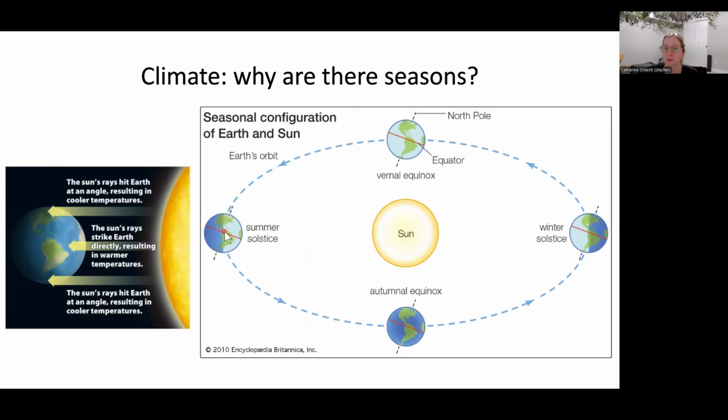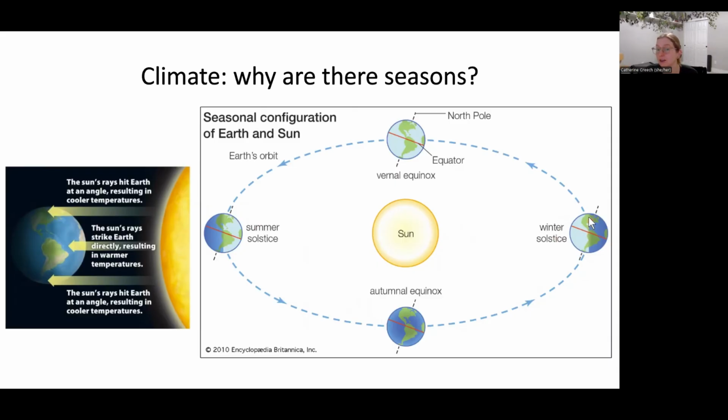So here we have summer in the northern hemisphere because our tilt has more of the northern hemisphere pointed toward the sun. And then as our Earth rotates around the sun, our tilt doesn't move. And so in winter, more of the southern hemisphere is now pointed toward the sun, and it's getting more of that direct radiation.